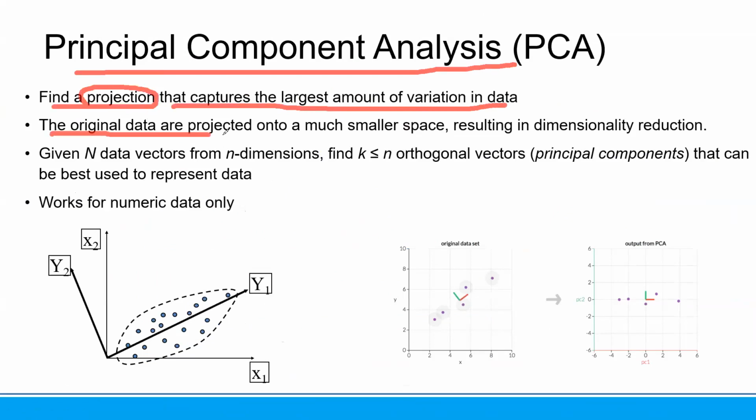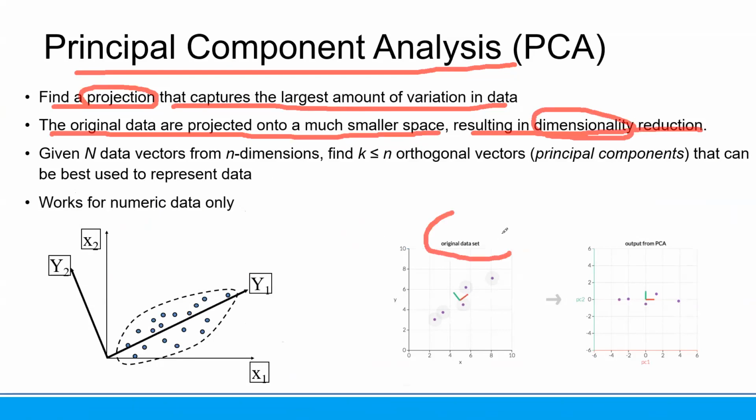The original data are projected into a much smaller space, resulting in dimensionality reduction. Okay, you know the dimensionality reduction. We want to reduce the attributes. We want to reduce the variables.